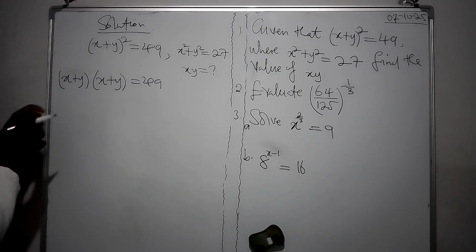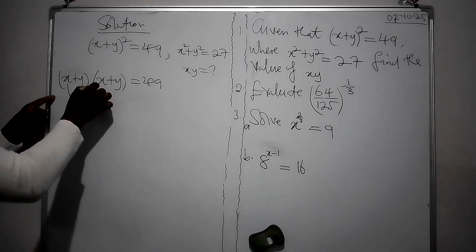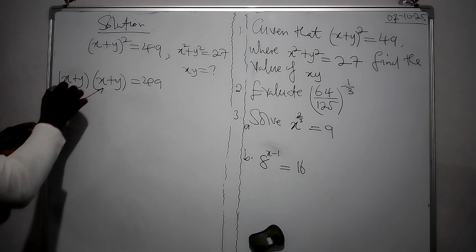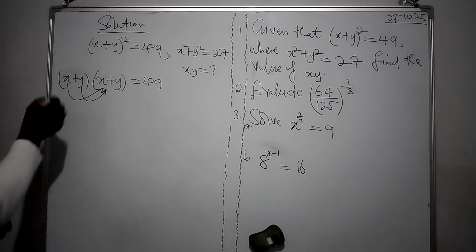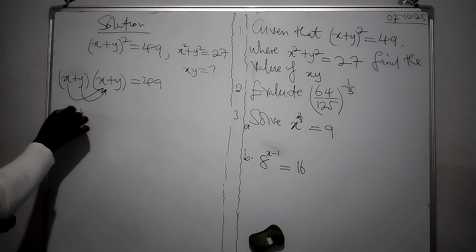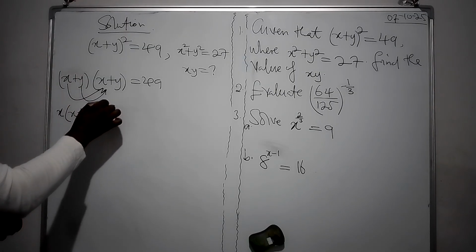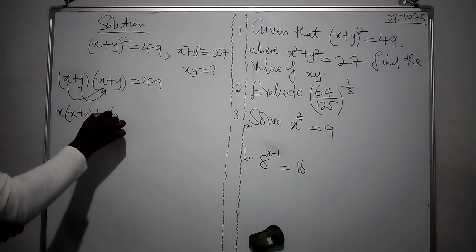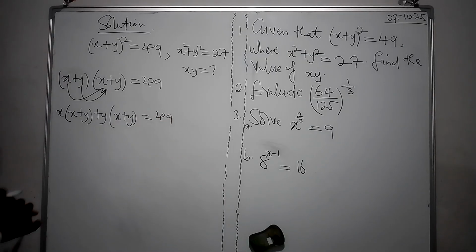Then we are going to multiply this x with everything in the brackets, and also this y with everything in the brackets. So x multiplied by (x + y), then positive y multiplied by (x + y), equals 49.